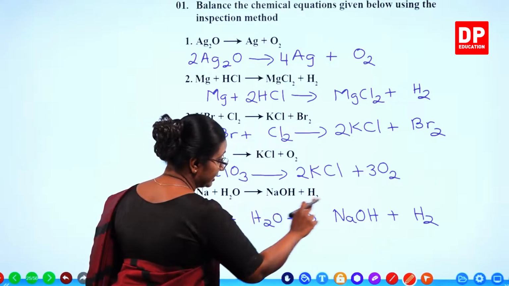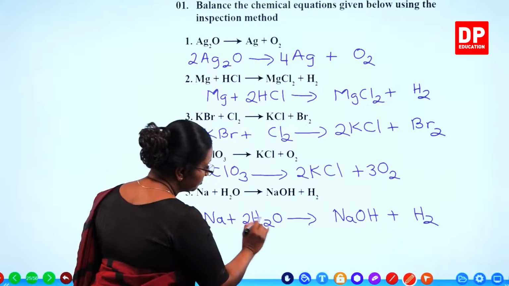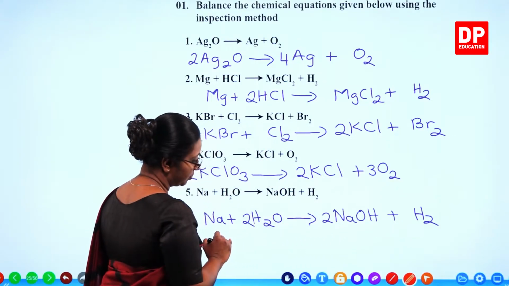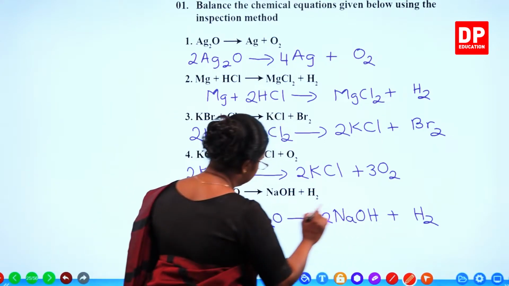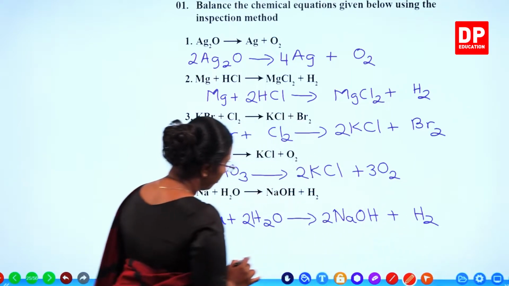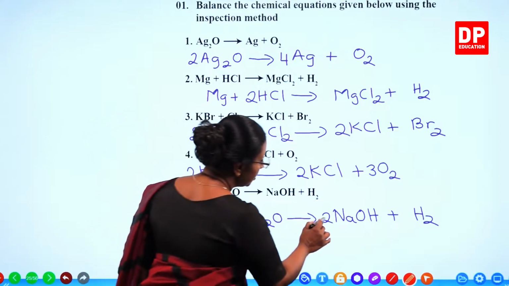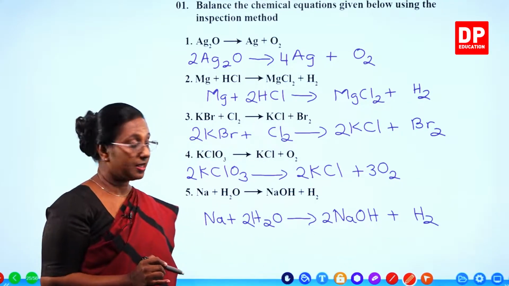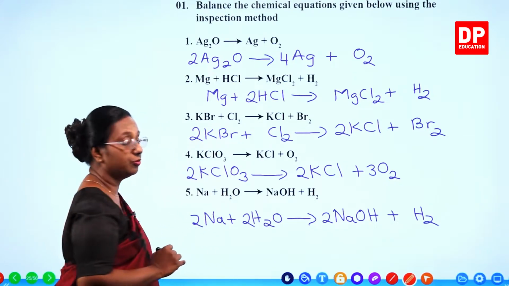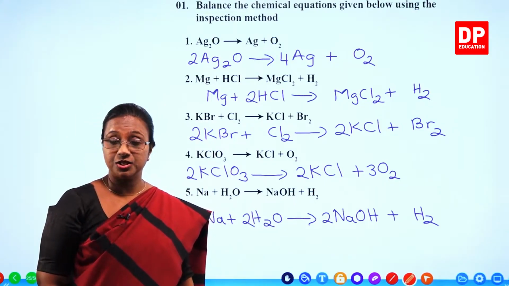To make this hydrogen, we put a 2 here so that hydrogens become 4. So to balance that, we put a 2 here also. And now you check 2 into 2, 4 hydrogens, 2 plus 2, 4 hydrogens, 2 into oxygen, that is 2 oxygens, here also 2 oxygens. But now sodium has become 2, so we need to put the 2 there. So that is how we balance this equation.